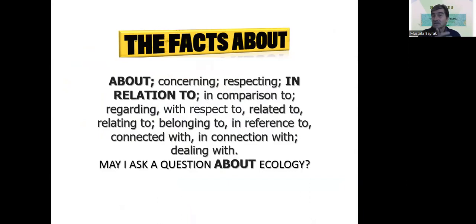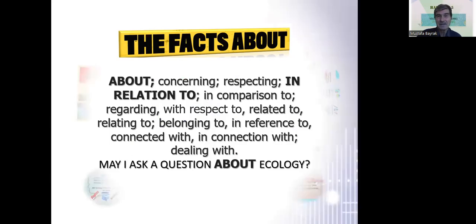Let's use concerning instead of about: let me talk about our program concerning acquiring English, respecting acquiring English, in relation to acquiring English, or in connection with acquiring English, dealing with acquiring English, etc.